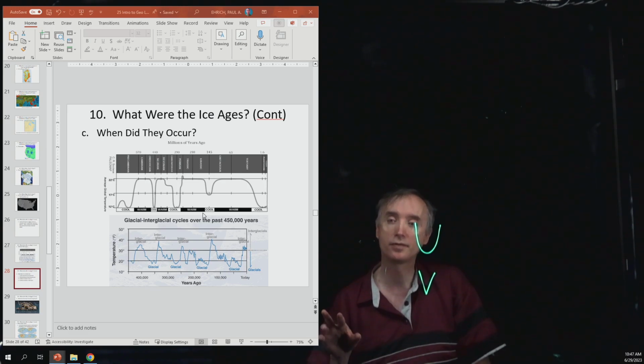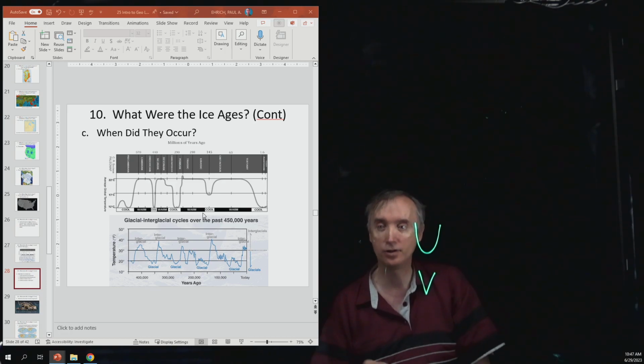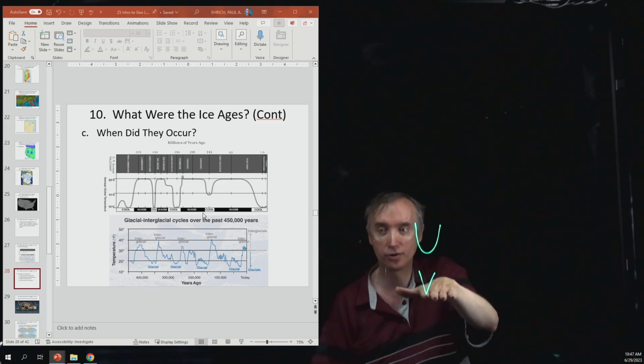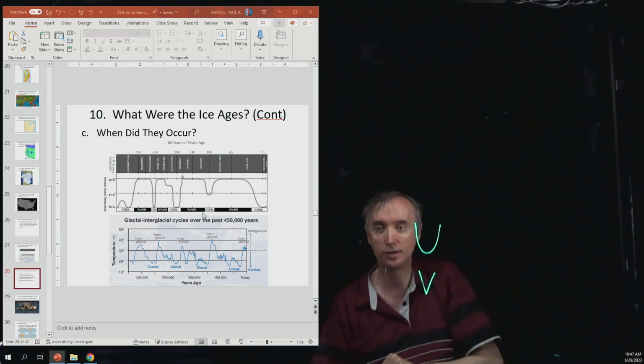Then, if you look at the bottom chart, that shows roughly what the temperature of the Earth has been like over the past 500,000 years or so. You can see that at certain times the overall temperature of the Earth has been very high, and at other times it's been very low. During those low temperatures is when the ice ages have been occurring.